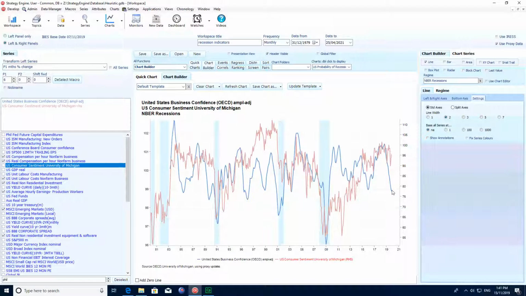Business confidence has come off. Now, we've seen periods in the past where the two have diverged quite significantly, particularly coming out of downturns. In 2010, business confidence picked up quite quickly, and it took a long time for the consumer to get on board.